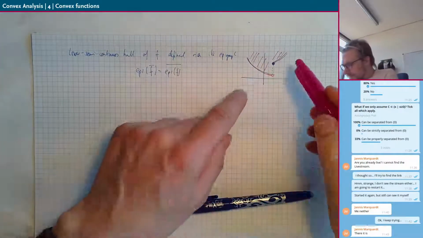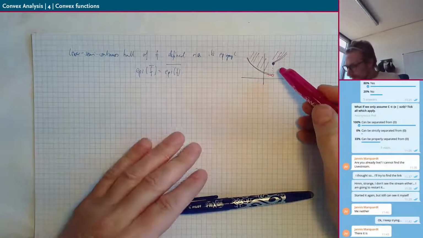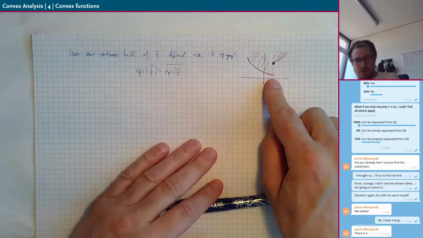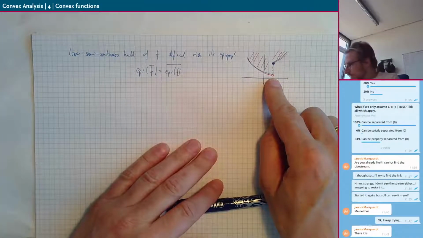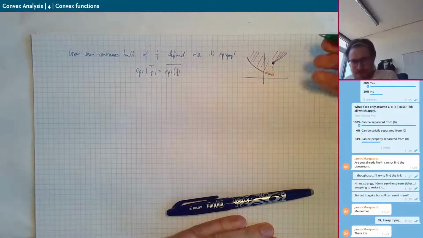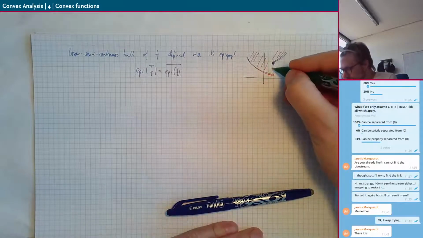So in this case the function jumps up here, the epigraph is not closed, and the problems occur at the jump. But if we now take the closure of this red set, what do we add? We just add everything which we can reach with convergent sequences, so we can converge to everything which is here.